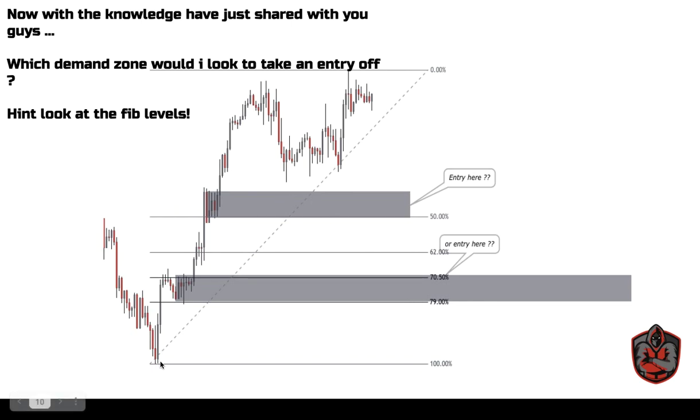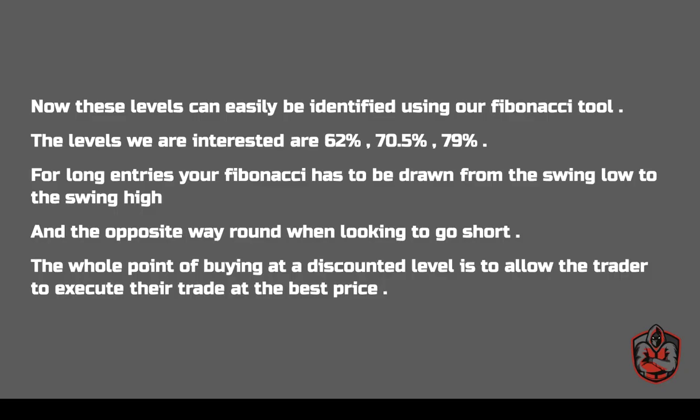Now, with the knowledge I have just shared with you guys, which demand zone would I look to take an entry off? Hint, look at the Fibonacci levels. So now that I marked out the swing low and the swing high, we have our Fibonacci levels here. Now remember, 50% is our equilibrium. And what did I say about equilibrium?